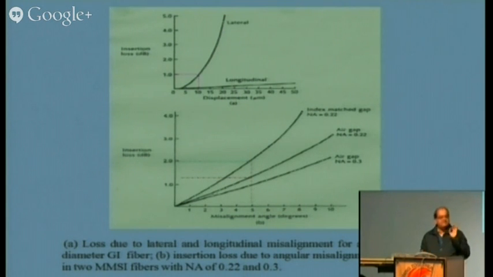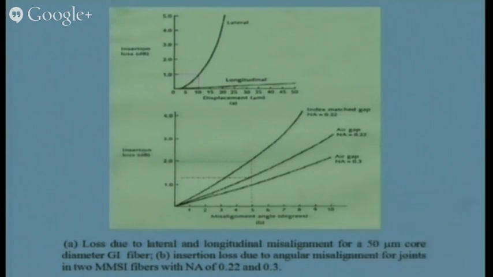So this angle is very, very small, and we have to be very, very careful that it should not be there. So we need a very perpendicular cut and highly polished fiber, so that when you make the joint, they are completely square-based. Again, I mentioned the Fresnel reflection.